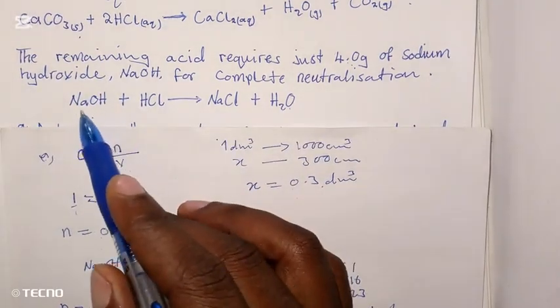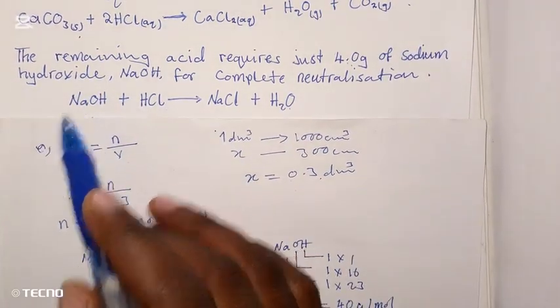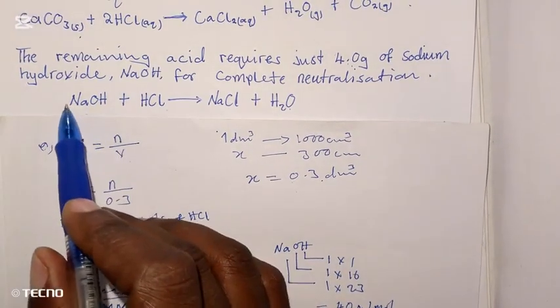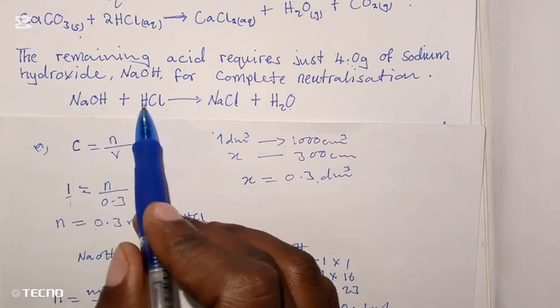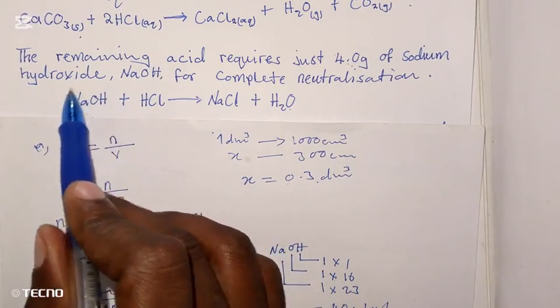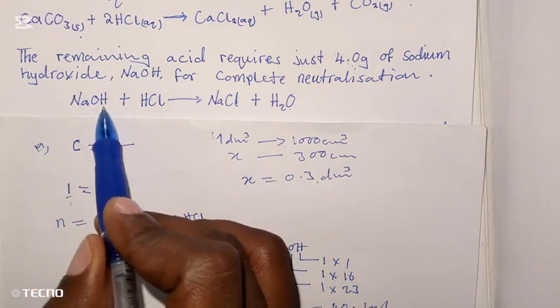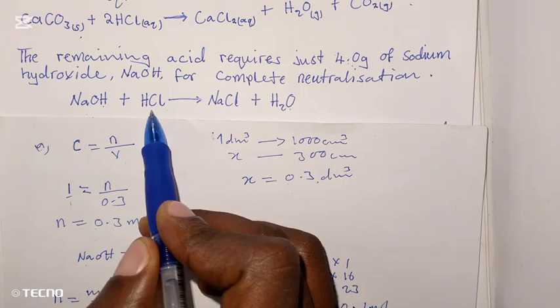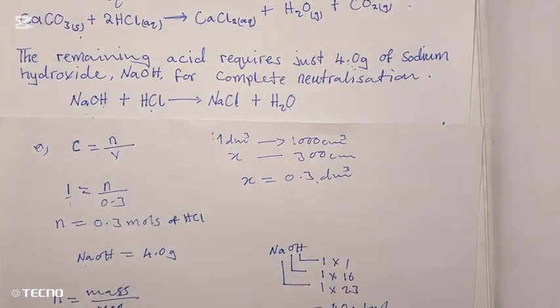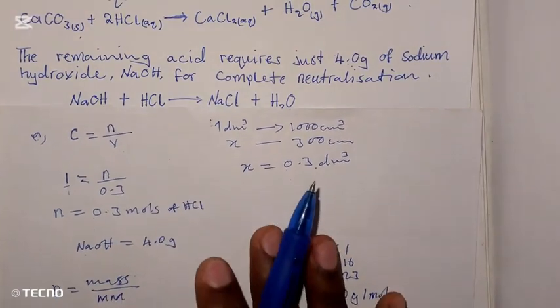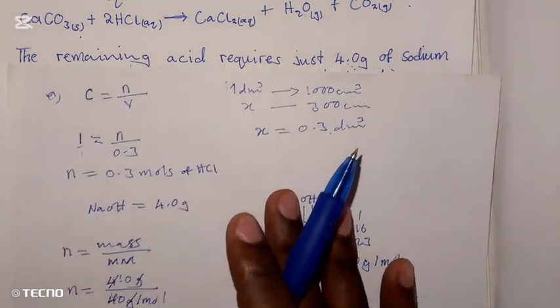So having this, in this information we have been given this equation. As you can see, the moles on this side is 1 and on this side is 1. So the number of moles of sodium hydroxide is equal to the number of moles of hydrochloric acid. So here the hydrochloric acid is 0.1.